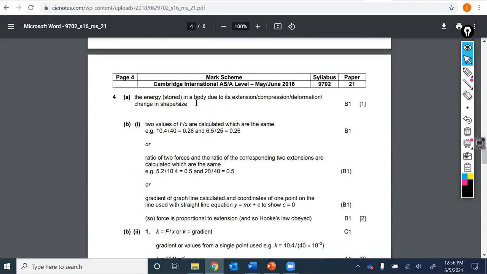The energy stored in a body due to its extension, compression, deformation, change in shape or size. So maybe we should have had the word change in there: the energy stored in an object due to a change in its shape. Maybe the keyword change might cost us the mark there. I was honestly debating that in my mind, whether to say a change in shape, or that it's stored in its shape, but it really is a change.